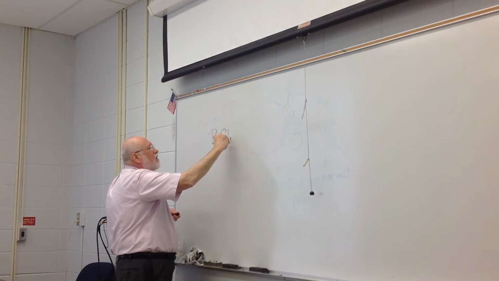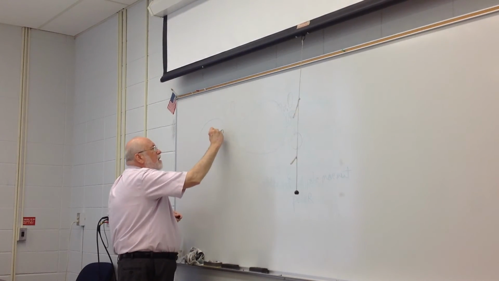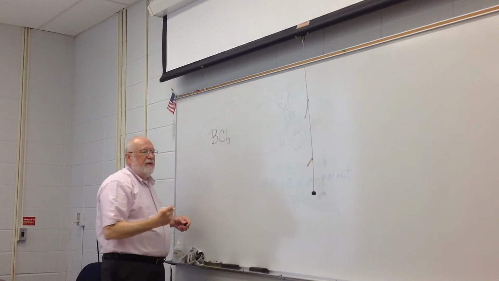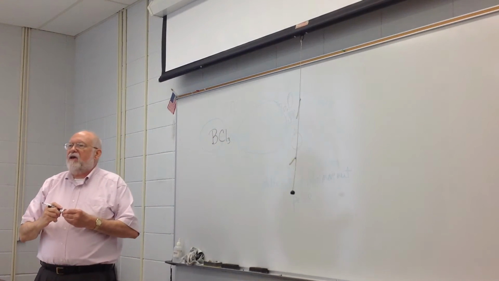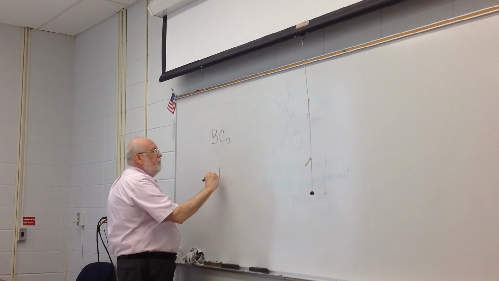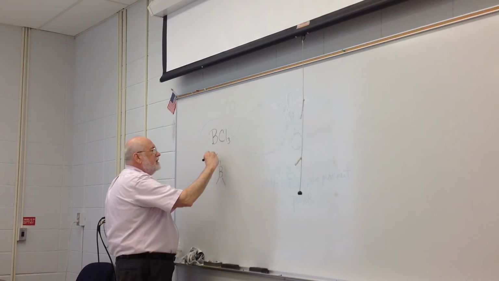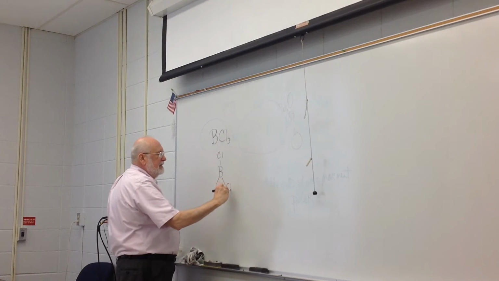Okay, boron trichloride. Let's see. Boron trichloride is one that's going to be trigonal planar. We put the boron in the center, and we put the chlorines out here on the ends.